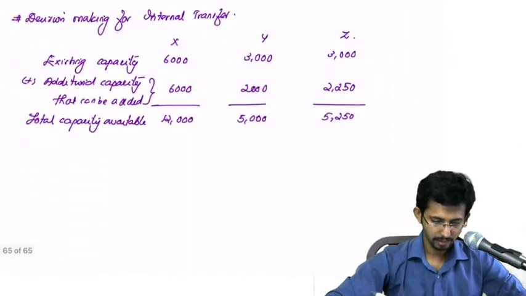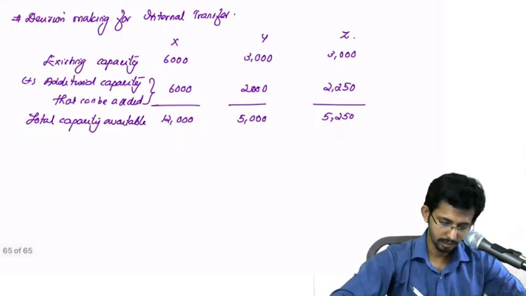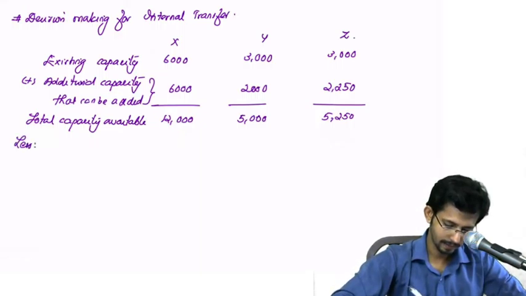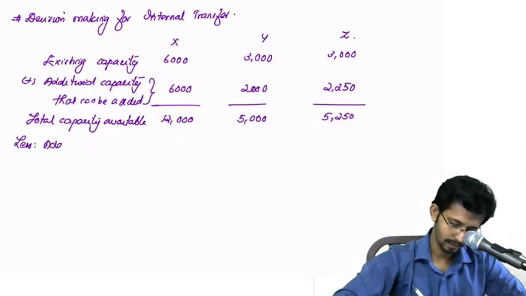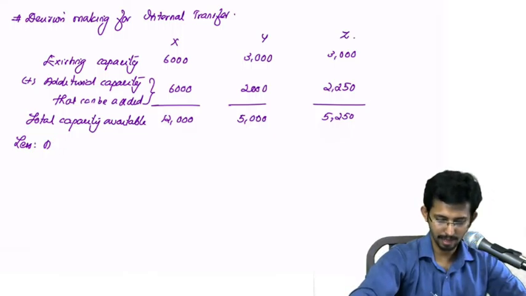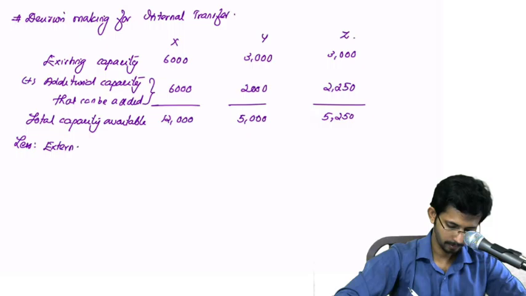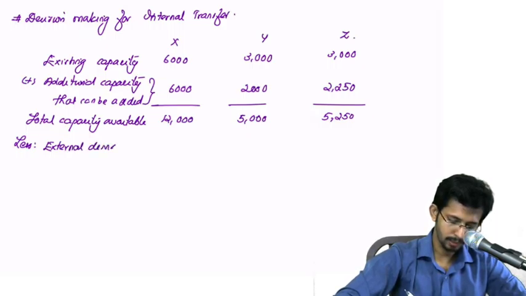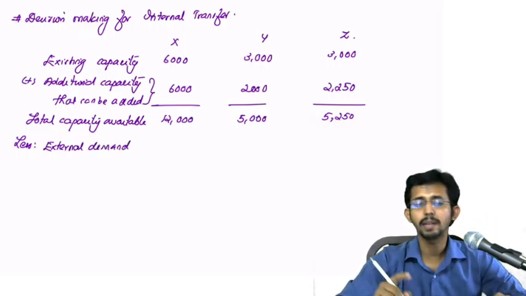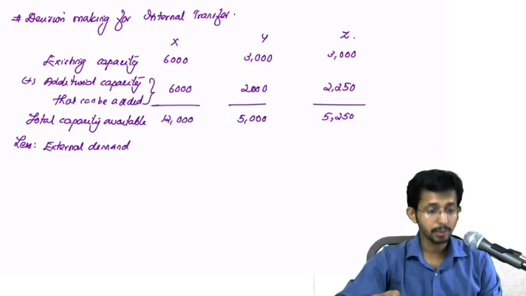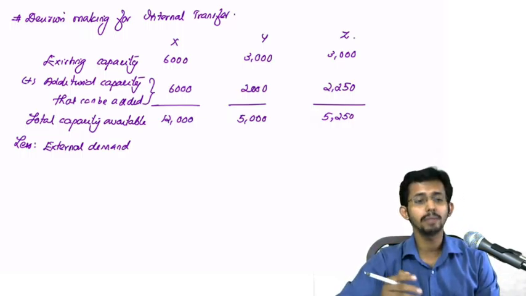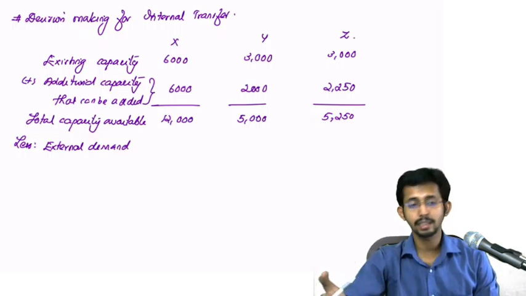So what do you have to do? The total capacity available, this one, less external demand. Always first preference should be given to external demand. Why is preference given to external demand? Here they have autonomy. They can decide whether they should sell to external customers, or internal transfer.